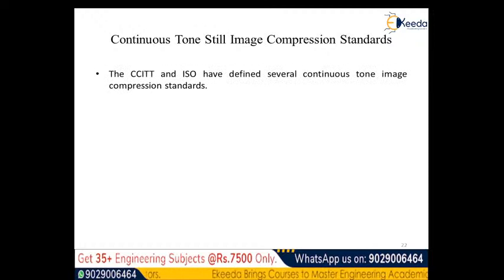The CCITT and the ISO have defined several continuous tone image compression standards here. So what is this CCITT and ISO here? So ISO, I hope you are well familiar with. The ISO stands for the International Organization for Standardization here, and CCITT, I hope it is new to you people.